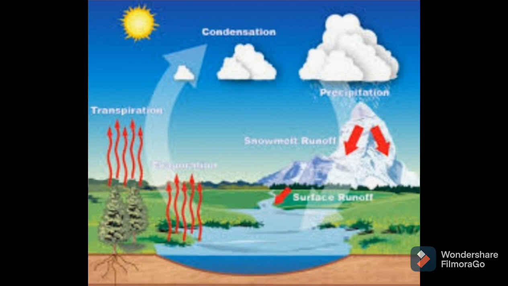Snow from the mountains also melts into water which flows down in the form of streams and rivers. So ultimately all the water from all the sources falls into seas and oceans, and again this water is available for evaporation, and some of the rainwater seeps into the ground and becomes available to us as groundwater. So this is water cycle.